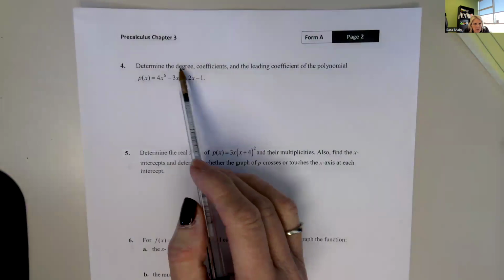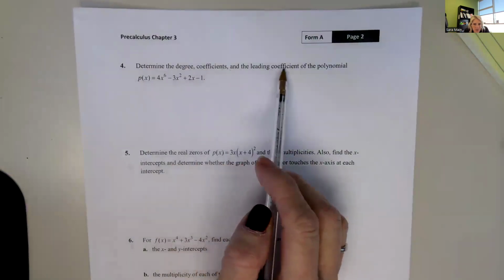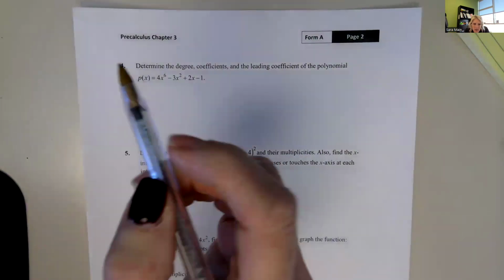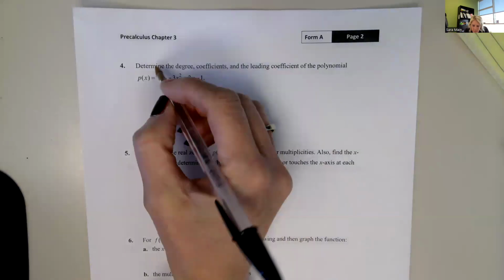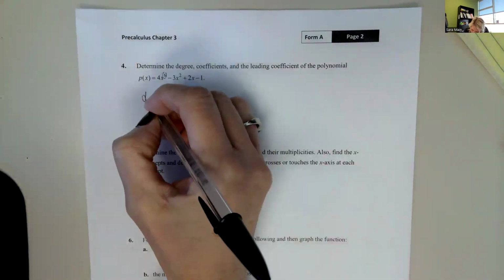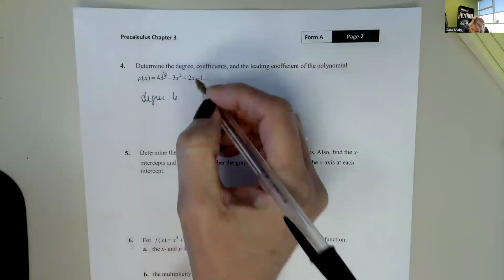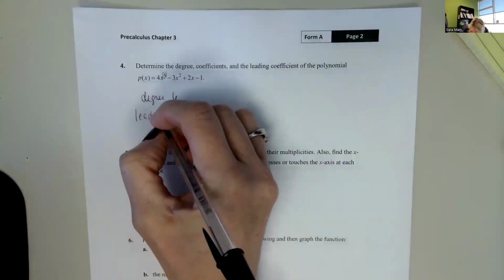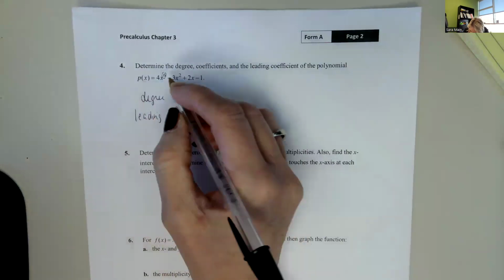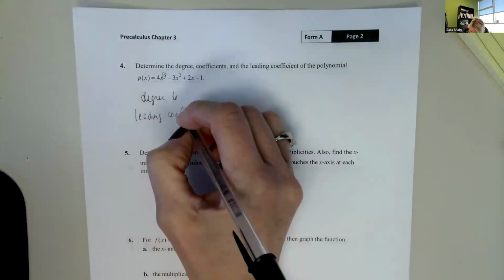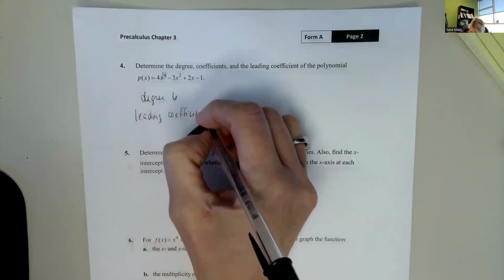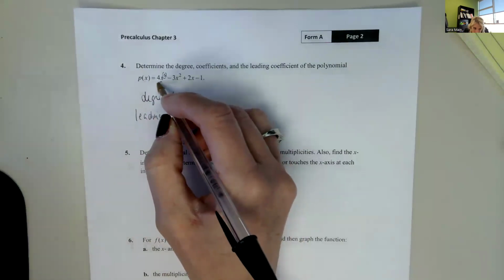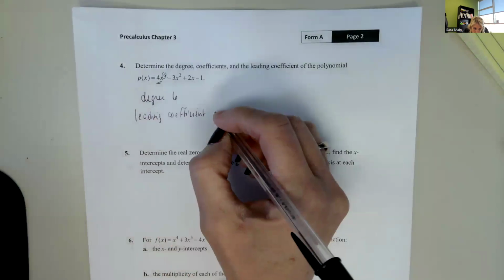Number 4 says, determine the degree, coefficients, and the leading coefficient of the polynomial. The degree is always the highest exponent, so that would be 6. The leading coefficient is always the coefficient on the leading term. The highest exponent is 6, so that makes this the leading term, and so 4 is the leading coefficient.